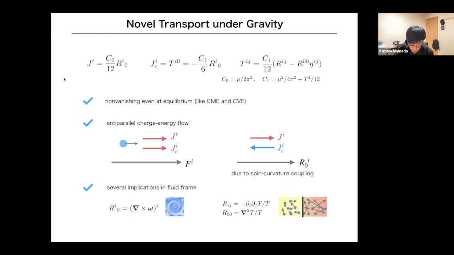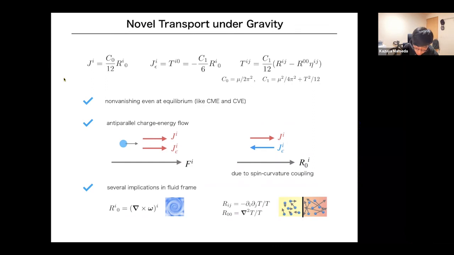So this is never explained within classical physics. The origin should be the spin vorticity, spin curvature, Riemann curvature coupling, which is nothing but the physics of quantum theory.